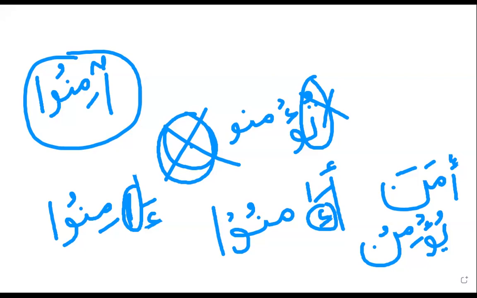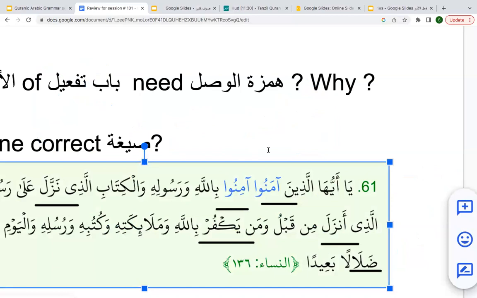Okay. So let's just go back and see where we are. Okay. So now comes your word nazzala. What do you think about the word nazzala? What's the correct siga for nazzala? I need a correct siga.